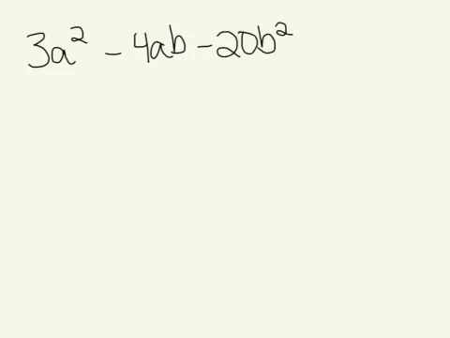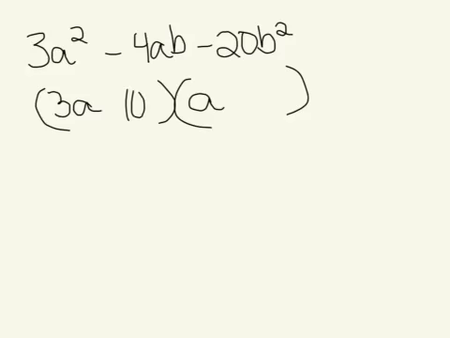So this time I'm going to set up my binomial times binomial. I'm going to leave my 3a and my a in, but this time in order to get 20b squared, I'm going to try a 10 and a 2. I'll put my 10 here maybe, and my 2 here, or I could try it the other way. The question is, did I get it right, yes or no?